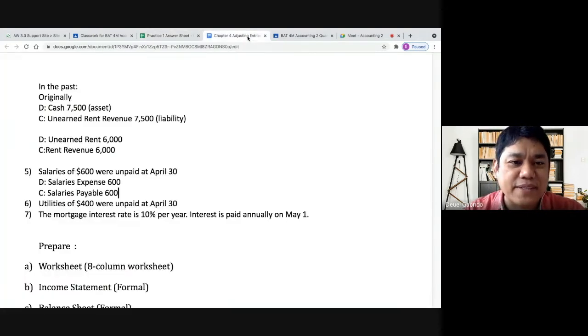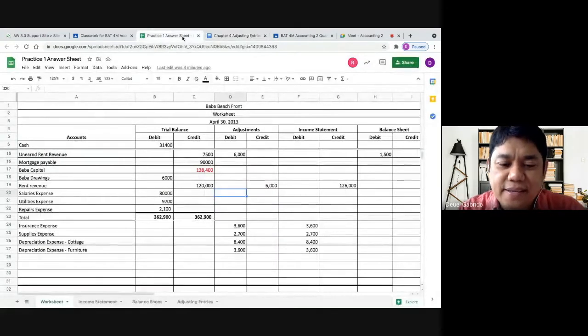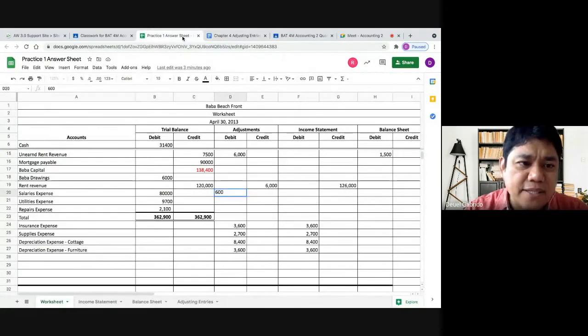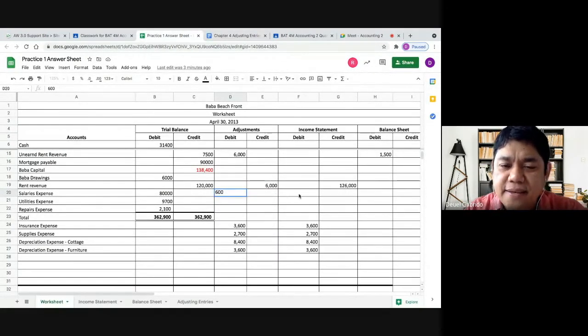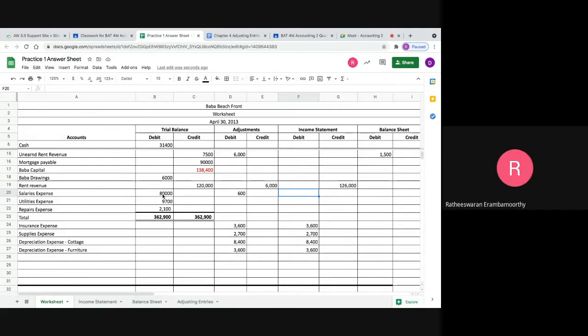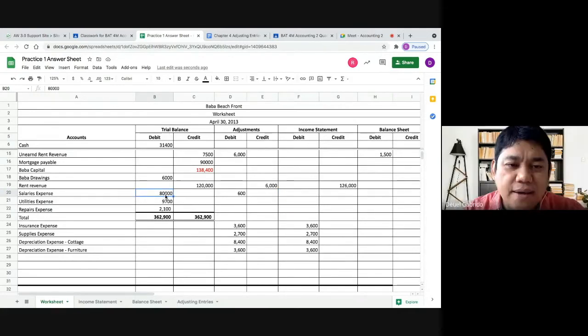My memory is okay. 600. I'm right. 600. So how much is the total salaries expense, guys? That must appear in your income statement. There is an 80,000 salaries expense, and there is an extra $600 additional expense.